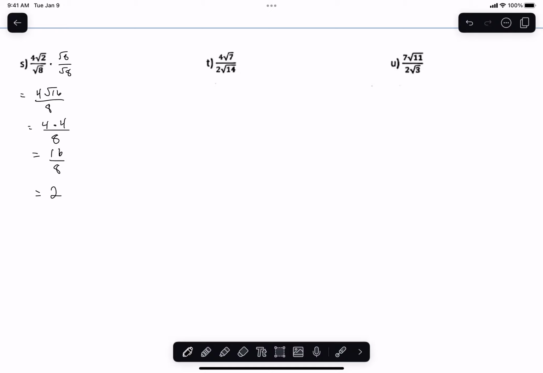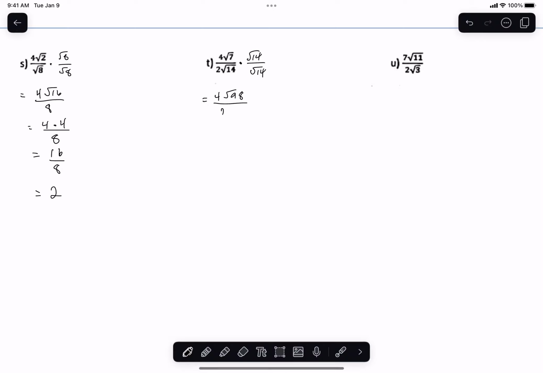All right. In question T, we're going to multiply by root 14 over root 14. I'm going to see 4 root 7 times root 14 will be the square root of 98 over 2 times 14.